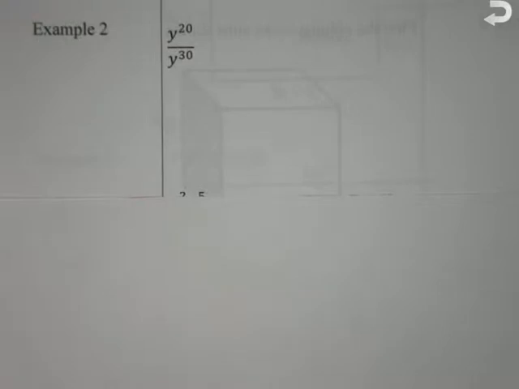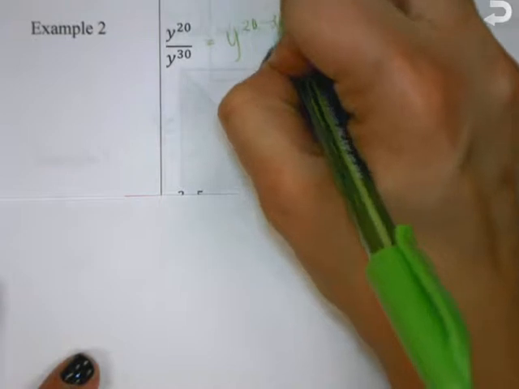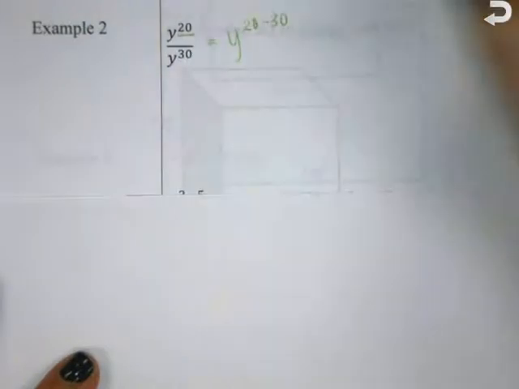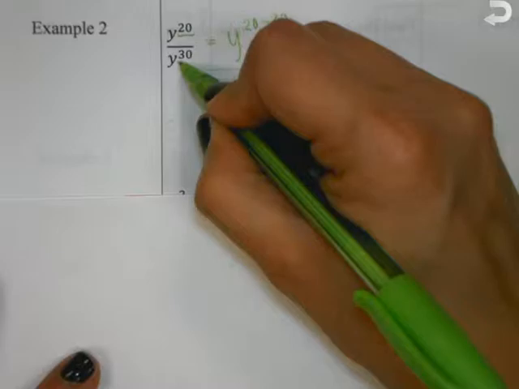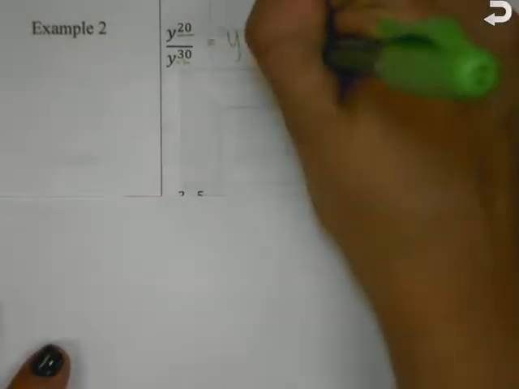What was my rule for exponents when I'm dividing? Subtract. So this is the same as y to the 20 minus 30. Okay, so it's always top exponent minus the bottom exponent. It has to go in that order. So what's that going to give me? Y to the what? Good, negative 10.